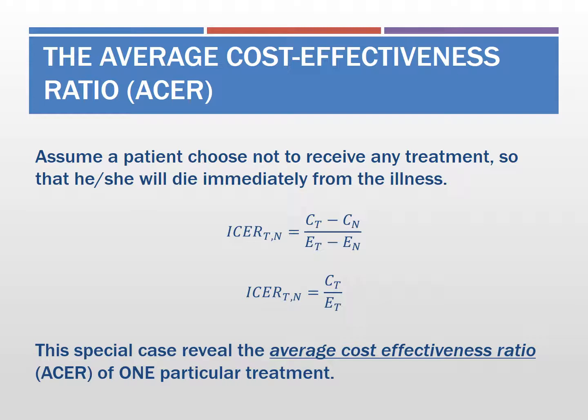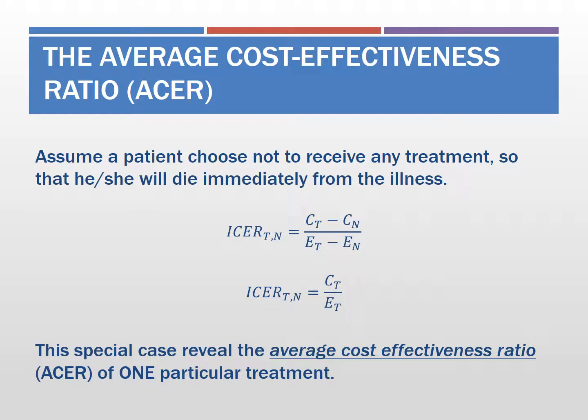The average cost effectiveness ratio is very tempting for economists or maybe regular people to use in order to compare with other treatments, because this is definitely a much easier number to get.